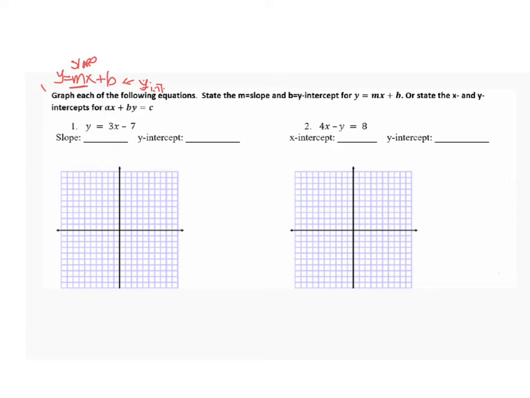So in this particular case, the slope is 3, and the y-intercept is -7.